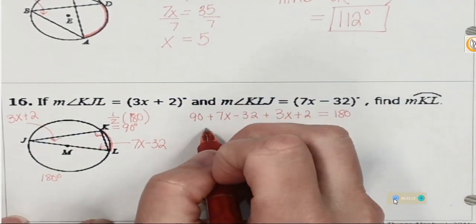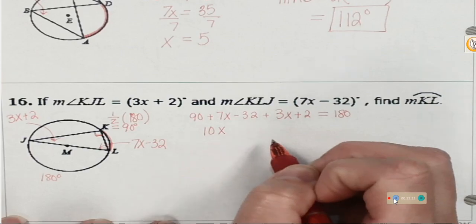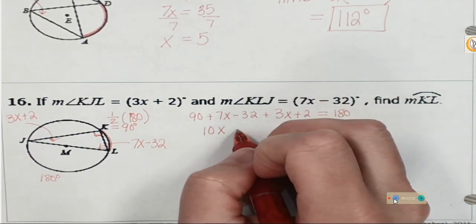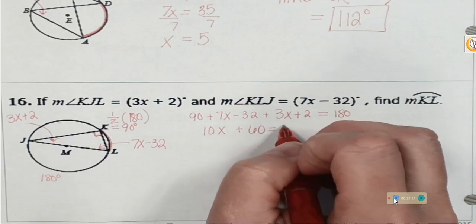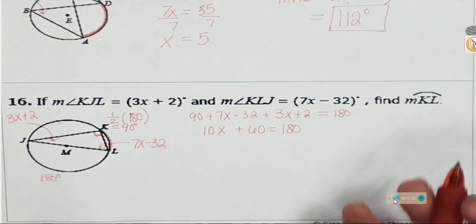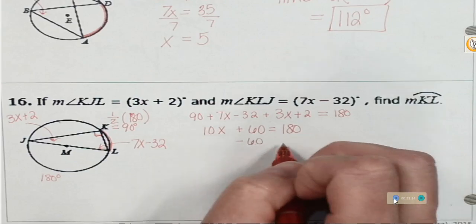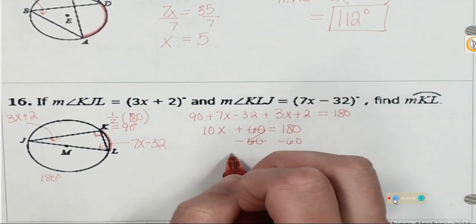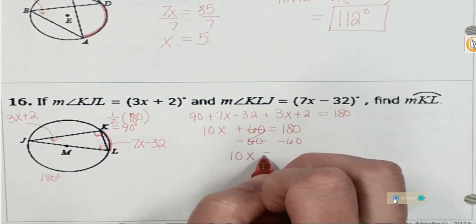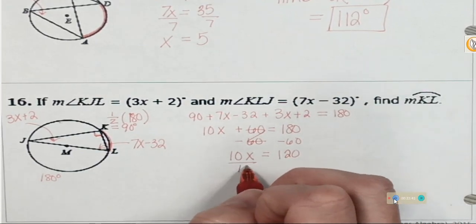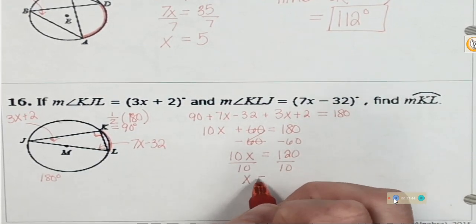Alright, so based on how I set it up, 7x plus 3x is 10x. 90 minus 32 plus 2 is going to be 60, which equals 180 degrees. How do I get rid of plus 60? I'm going to subtract 60, inverses cancel. 10x equals 120. When I divide by 10, what does my x equal?